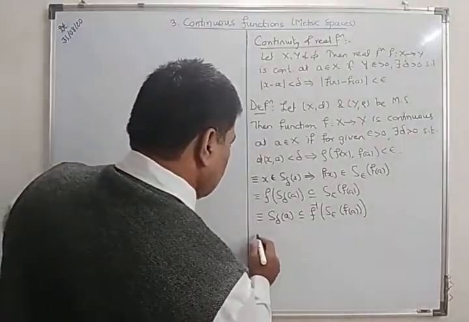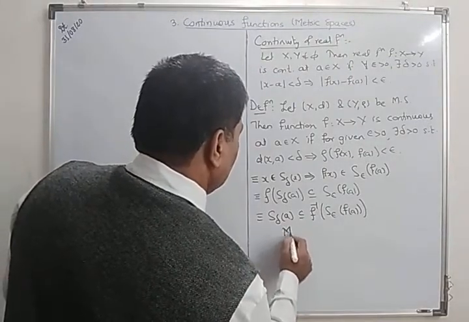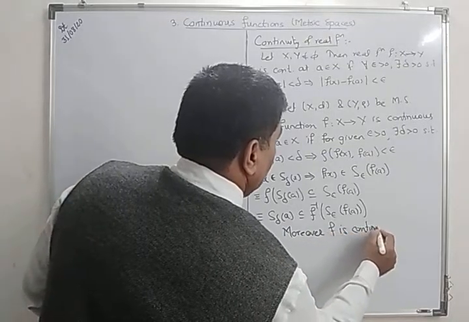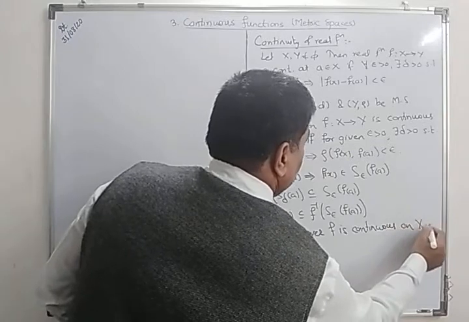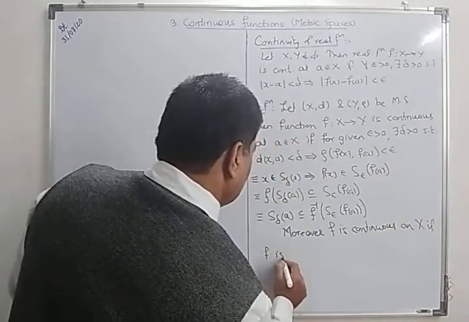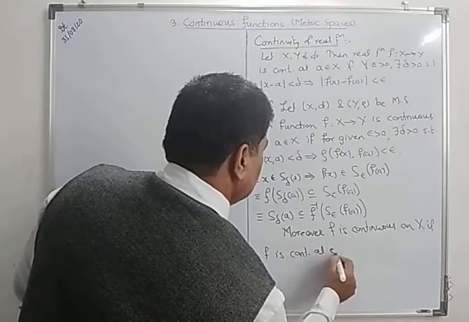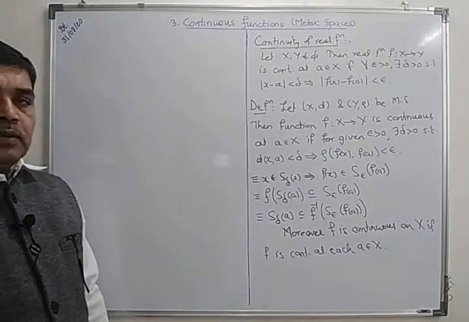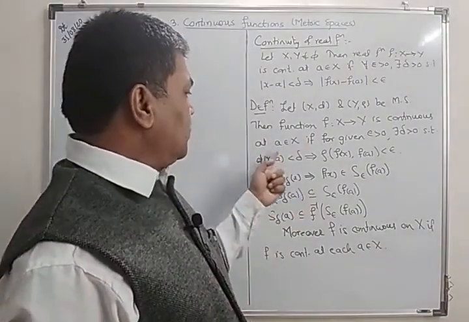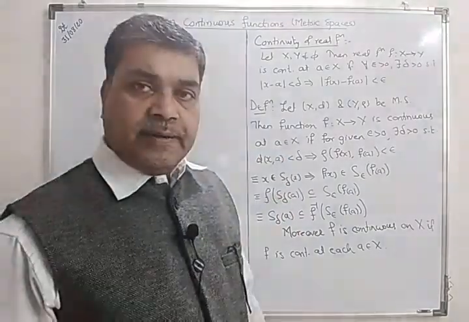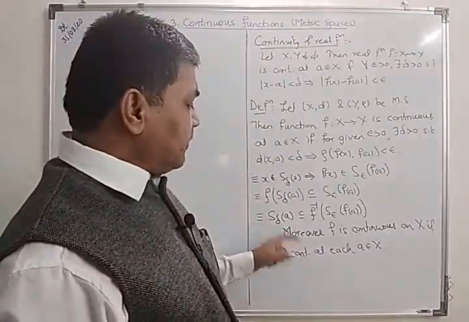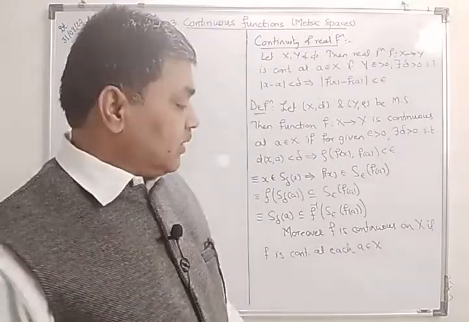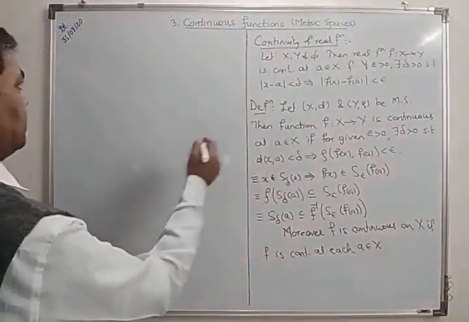So note, moreover, f is continuous on X if f is continuous at each a belongs to X. Here, while talking about continuity, we are defining continuity at a particular point a, and then if that function becomes continuous at every point in that matrix space, then we say that it is continuous function on matrix space X. Okay. Negation.